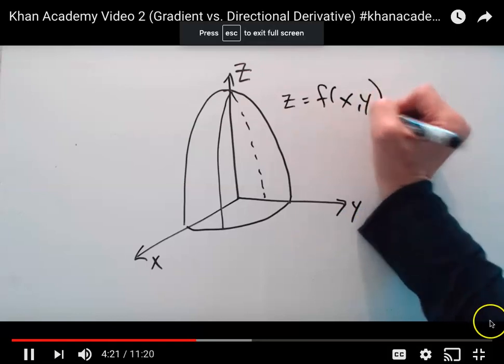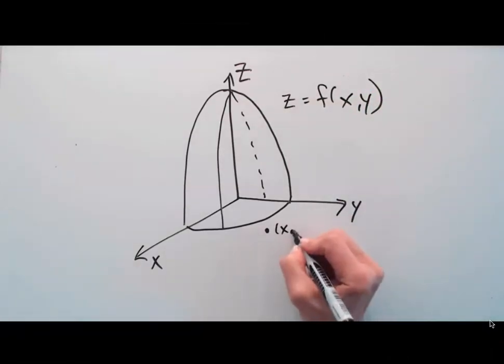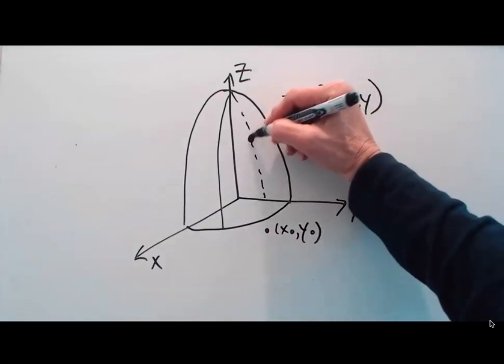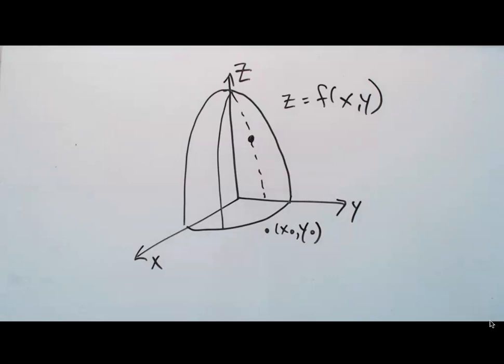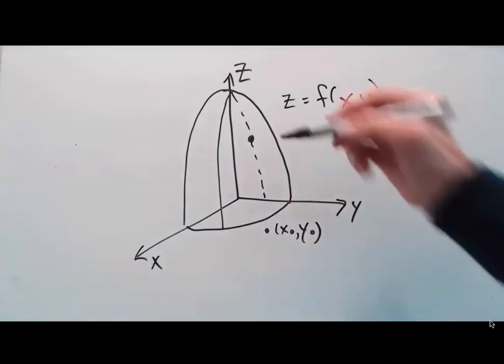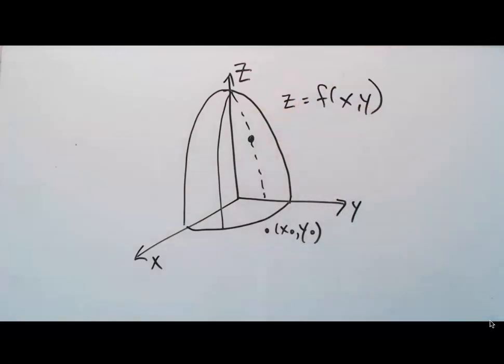Two variables. Let's take a point down here. Let's take a point x naught, y naught, and plot that point on our surface. Okay? Now, it is a natural question to ask, in which direction should we go so that the rate of change along this curve is going to be the greatest or the least?